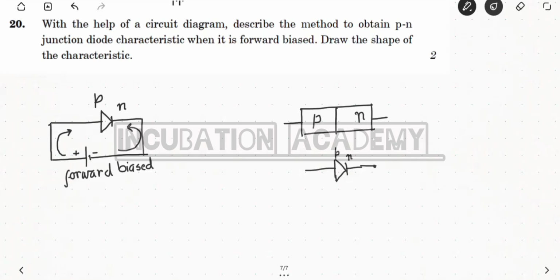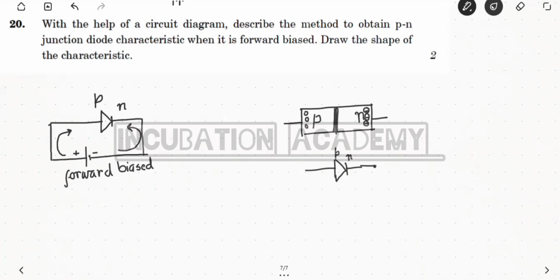When the p-n junction is just formed, here holes are there and here electrons are there. When this junction is just formed, electron-hole pair recombination occurs.